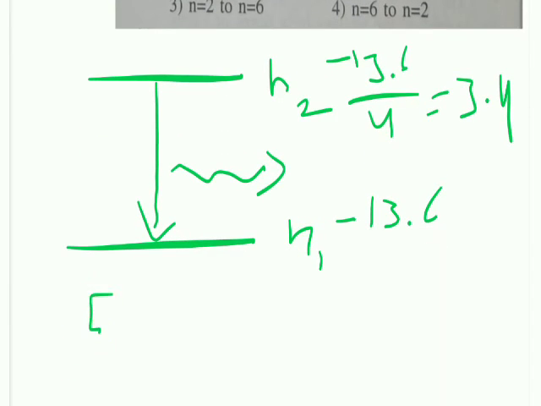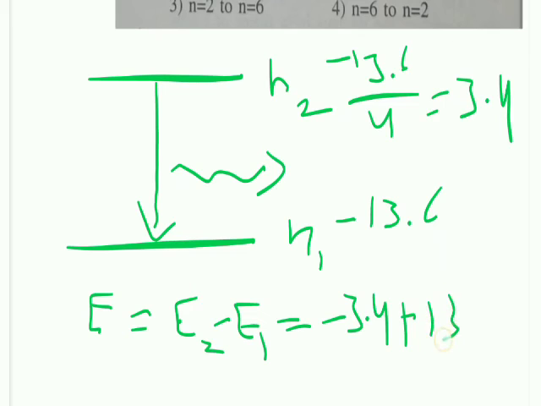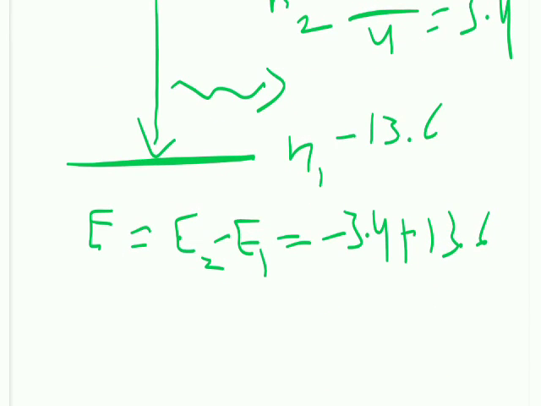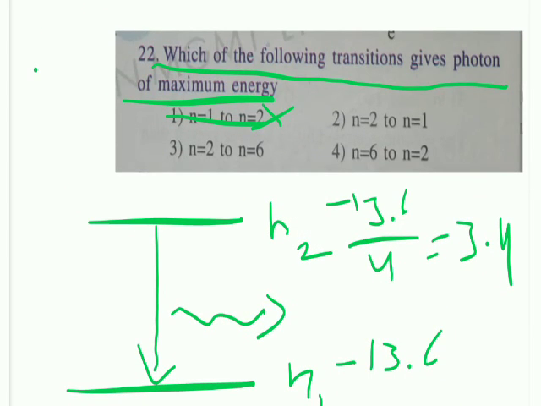Then the resultant energy is E2 minus E1, which is minus 3.4 plus 13.6, equal to 10.2 electron volts. In this one, 10.2 electron volts.